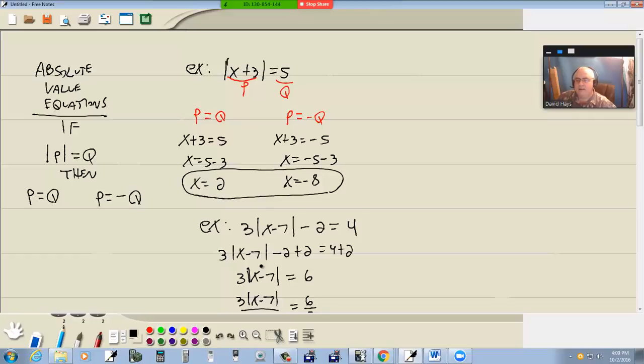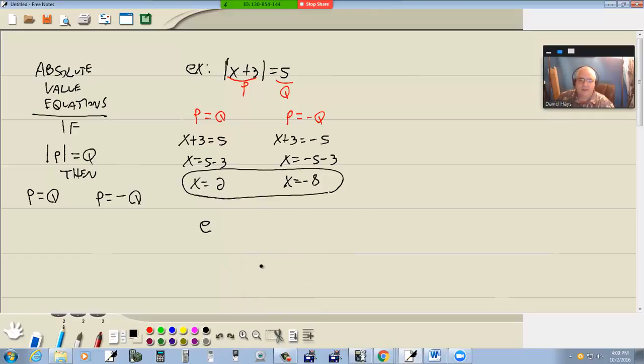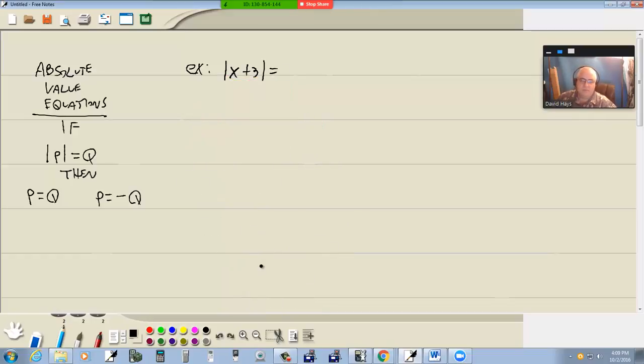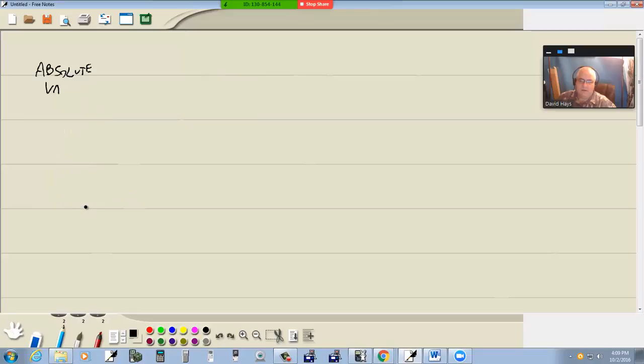Okay. Absolute value inequalities. And we got 2 cases here. We got case 1.